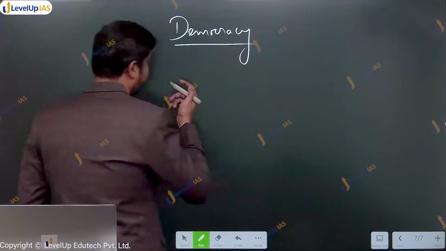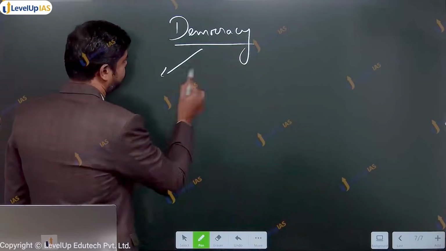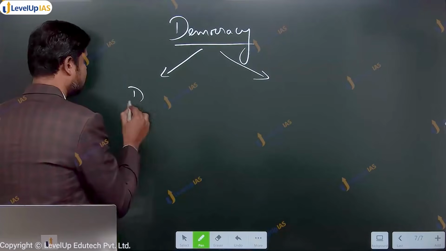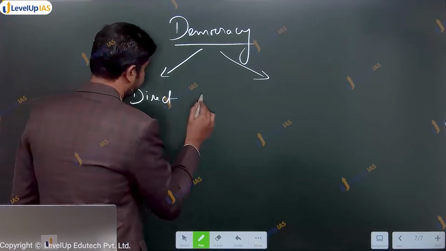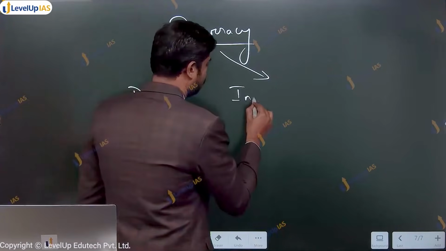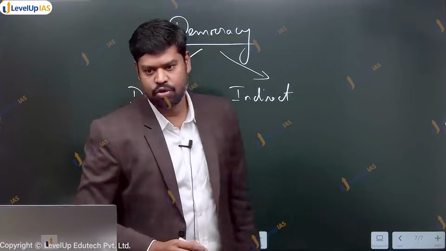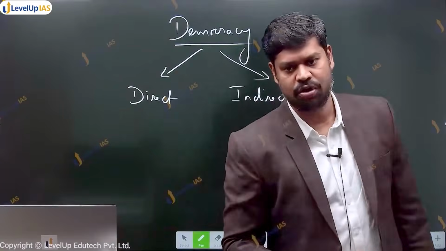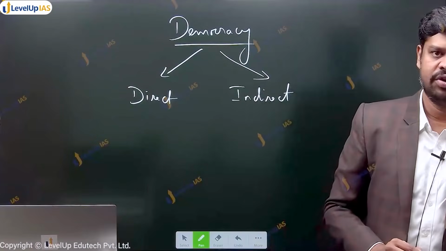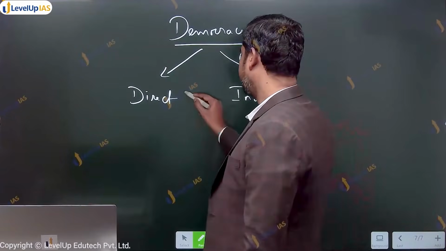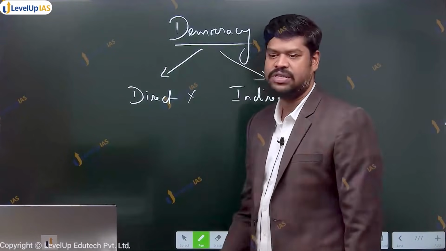Listen to me, please. If you see democracy across the world, democracy can be further divided into what is called direct democracy and indirect democracy. When I say that it is ruled by people, it can be directly ruled by people or indirectly ruled by people. Today, in the modern world, the scope of direct democracy is very, very minimal.